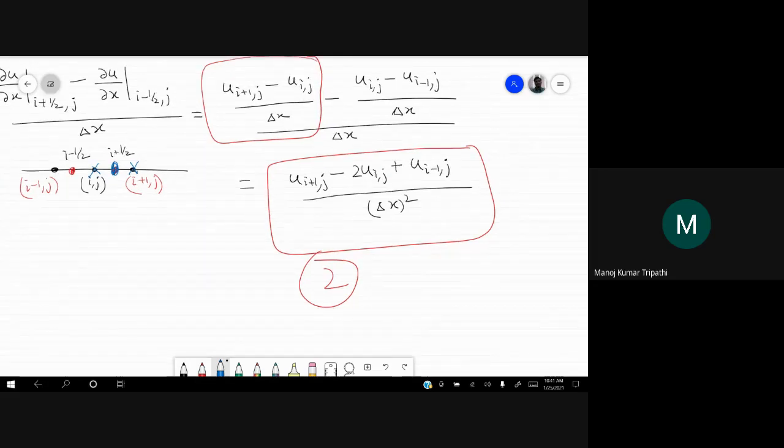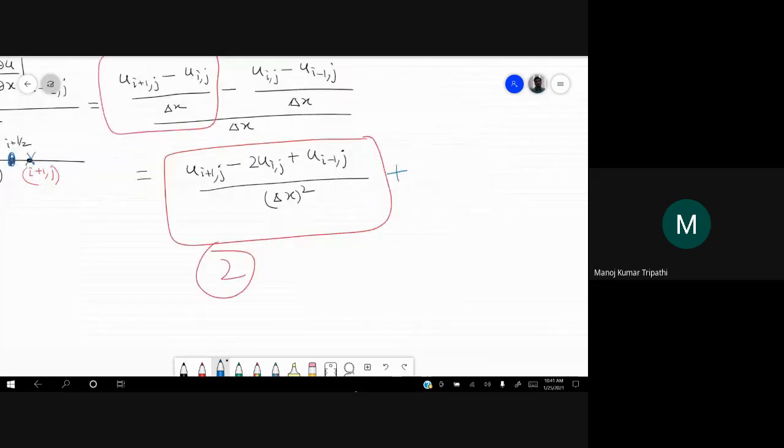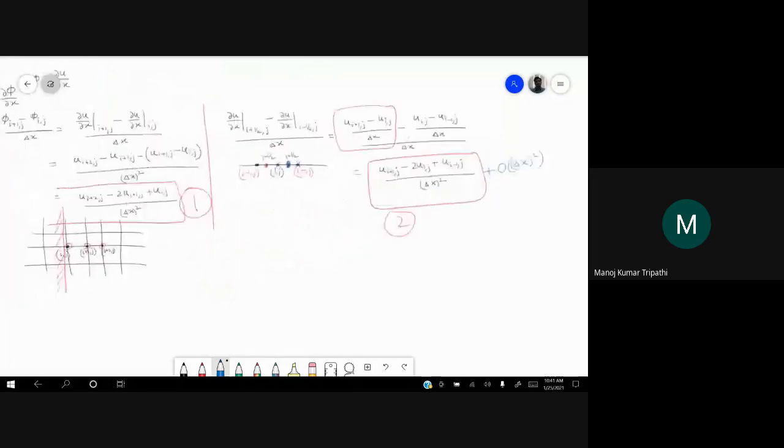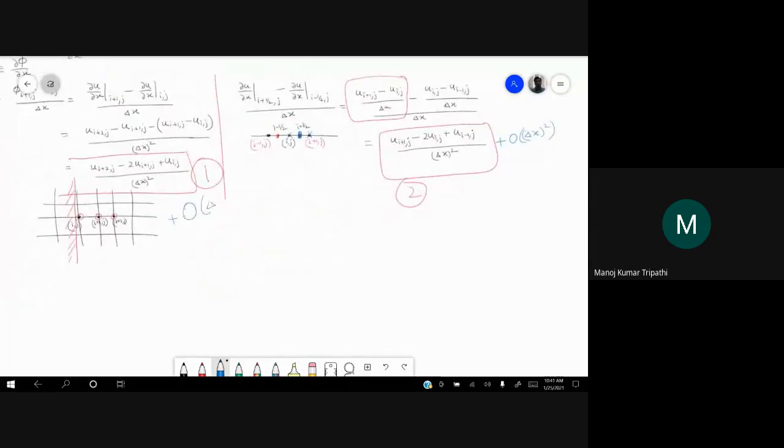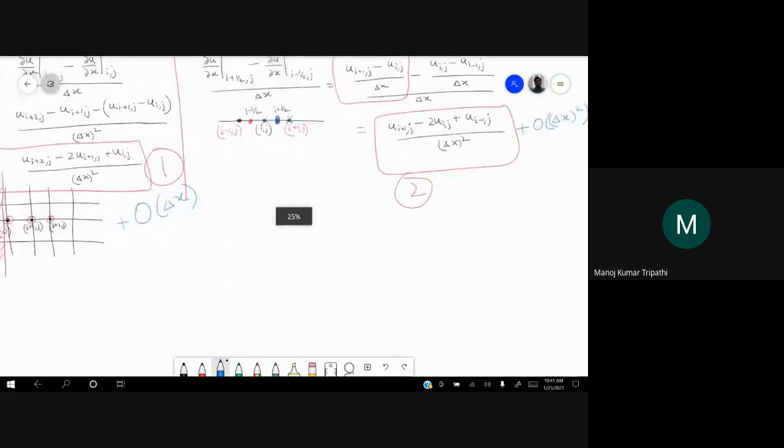So the order of error here is delta x square. But the order of error here is just delta x. So this you can derive also using Taylor series expansions. Okay. Is there any question?